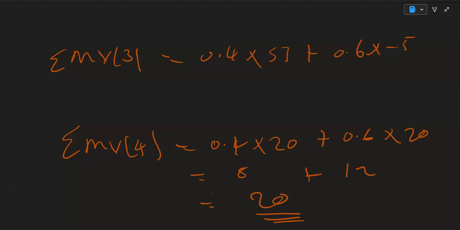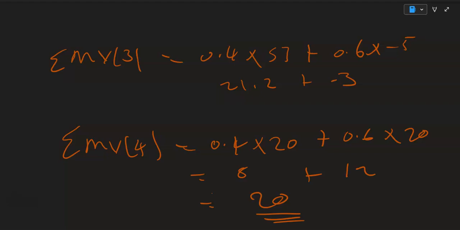What about the above? 0.4 multiplied by 53. That gives us 21.2, isn't it? Plus, what about 0.6 of negative 5? That will give us 3. So when we less that, what are we getting? Actually it will be negative 3, isn't it?